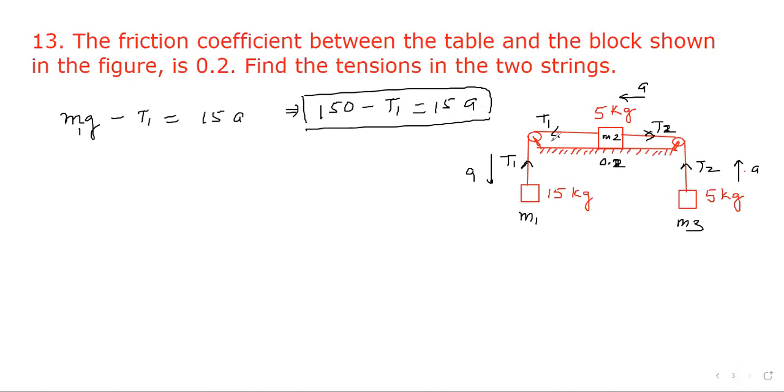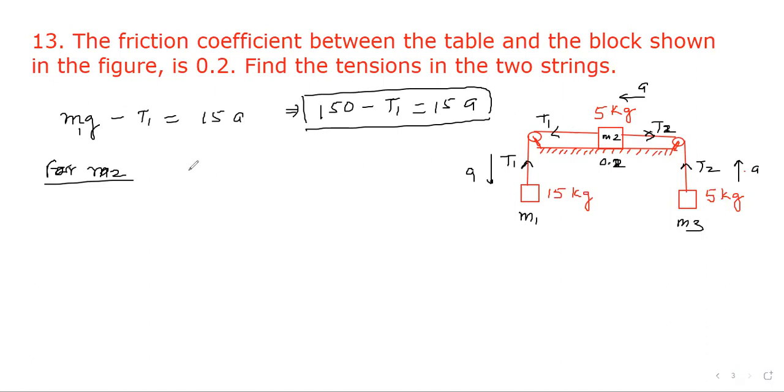Now we consider the motion of m2. T1 is larger because motion is in the direction of T1.